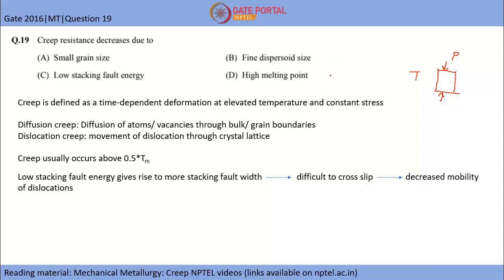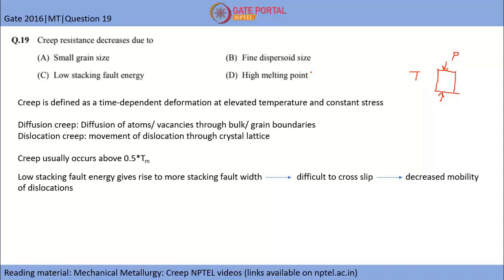And creep is of two different types. One is diffusion creep and another one is dislocation creep. So what happens in diffusion creep is diffusion of atoms takes place from one region to another. There are three modes from where diffusion of atoms can take place. First is through bulk, second one is through grain boundaries, and third one is the surface diffusion, which we are neglecting here.